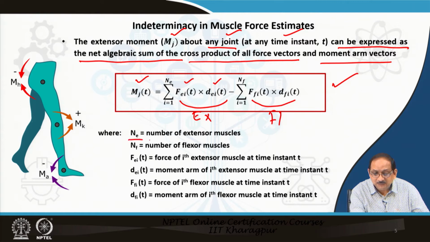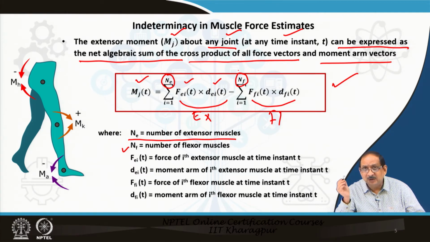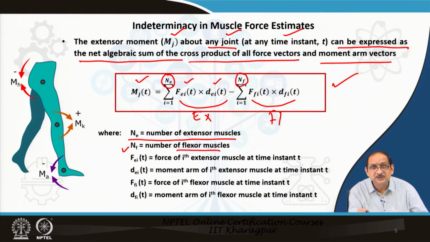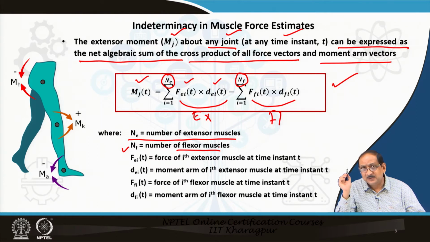In this equation, on the right hand side, we can see NE is the number of extensor muscles, whereas NF is the number of flexor muscles. Extension and flexion are just two opposite movements.